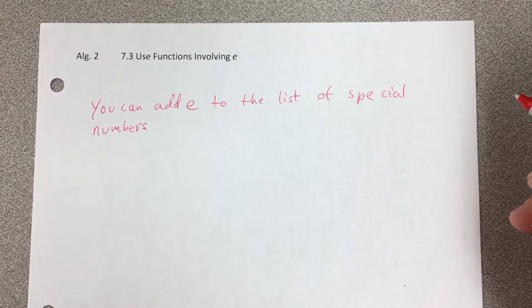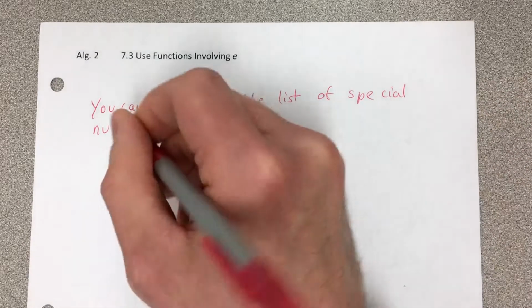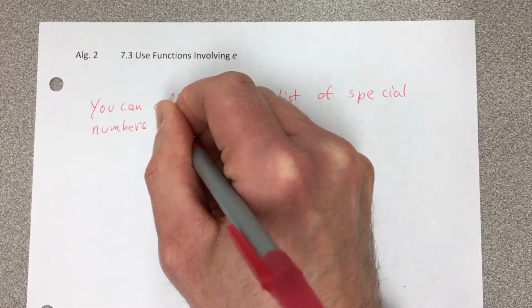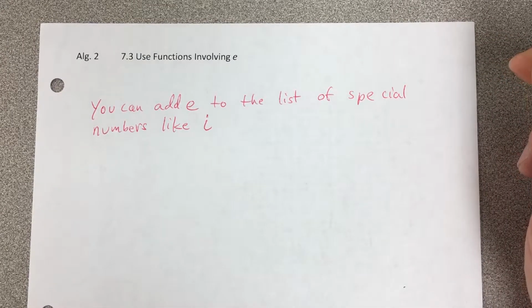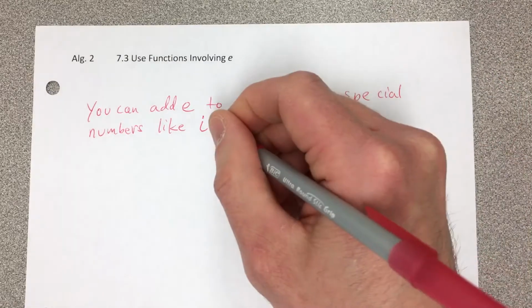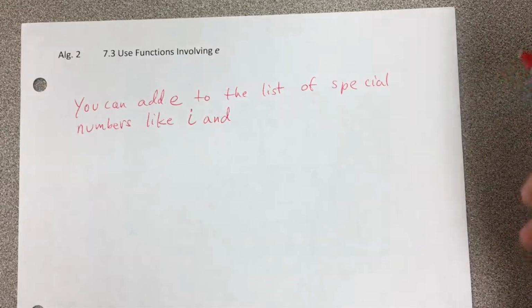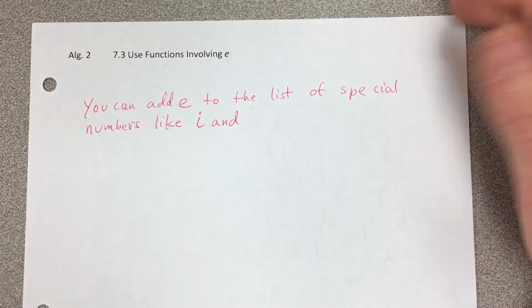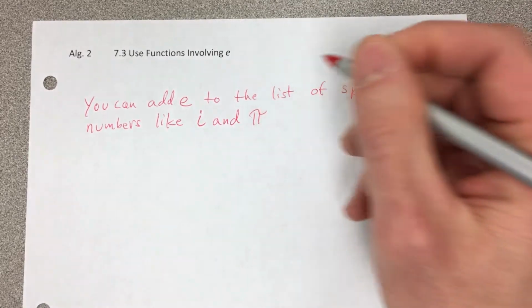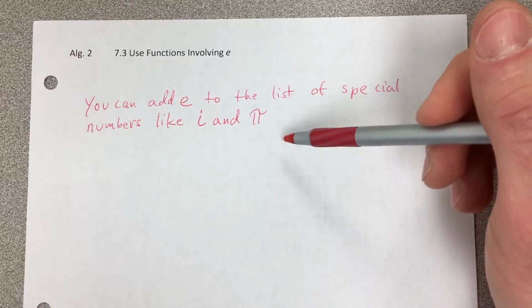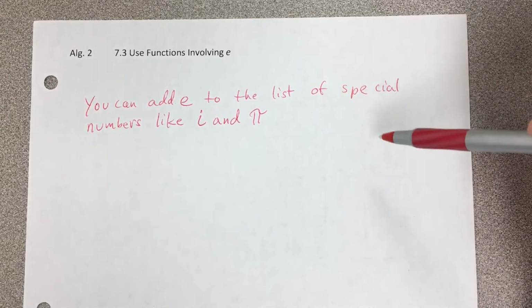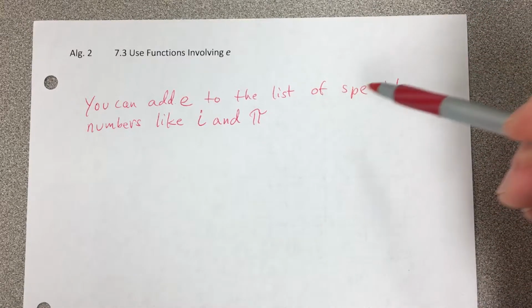Now, some special weird numbers that we've learned would be like i. If you recall, i represents the square root of negative 1. It also stands for imaginary. And also another special number that you spent a lot of time with in geometry was pi. Pi is the measure of the circumference of a circle divided by diameter, but in truth, you can never really have a perfect circle.